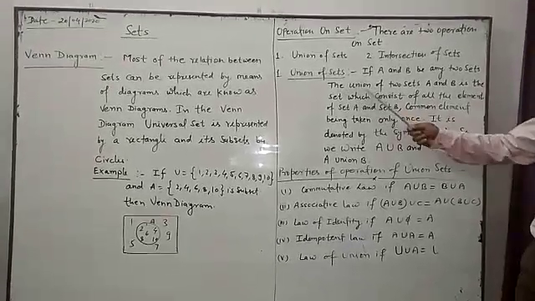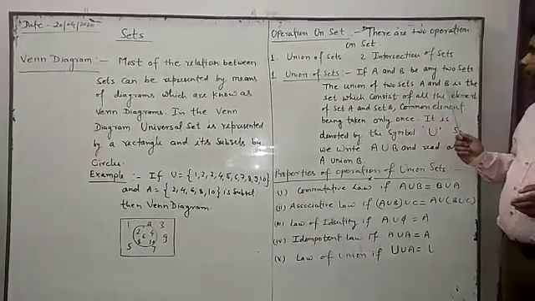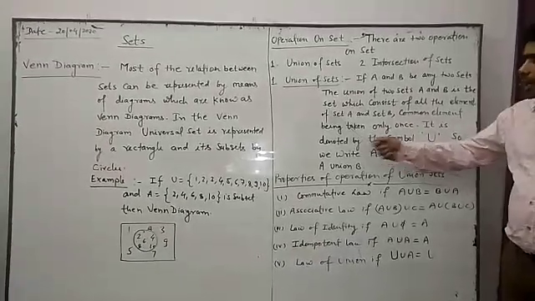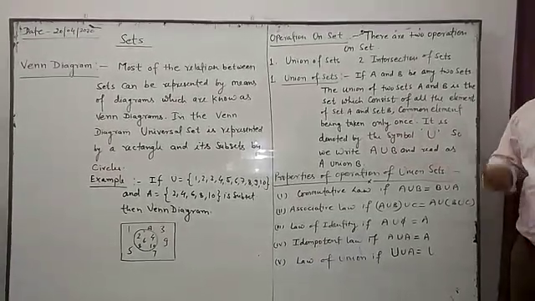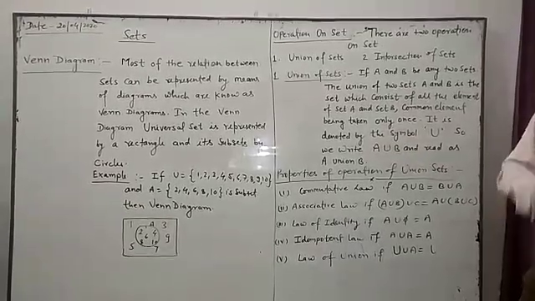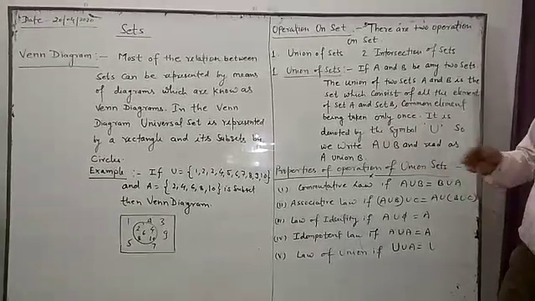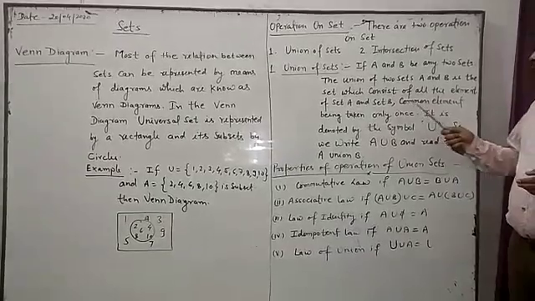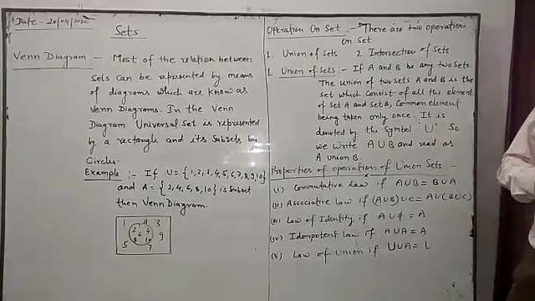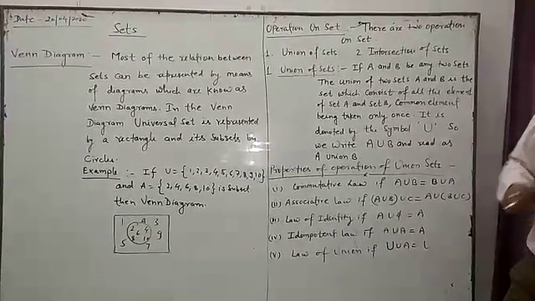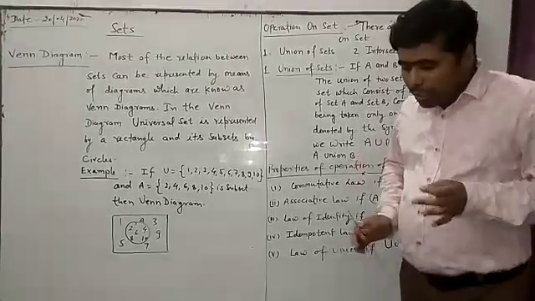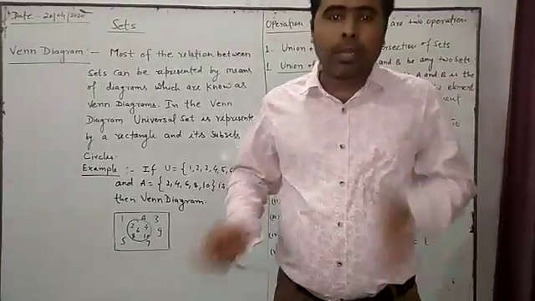sets, the union of two sets A and B is the set which consists of all the elements of set A and set B, common elements being taken only once. Suppose that in set A and set B, some elements are common to both.